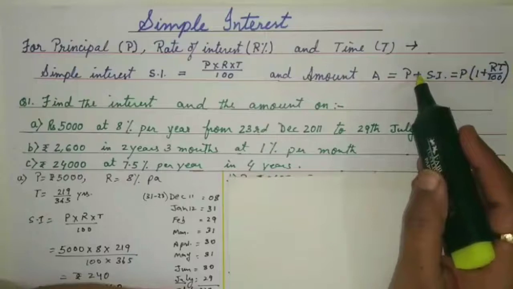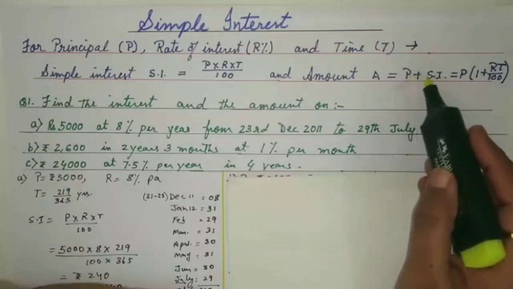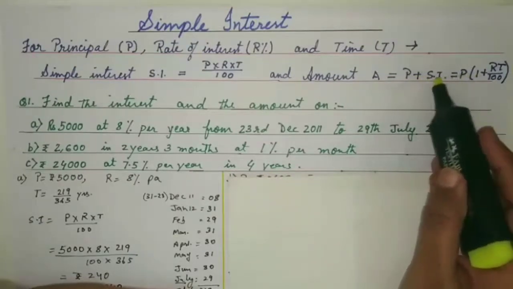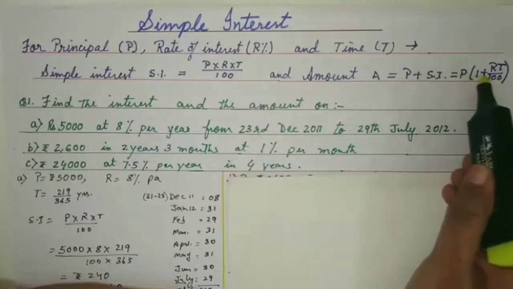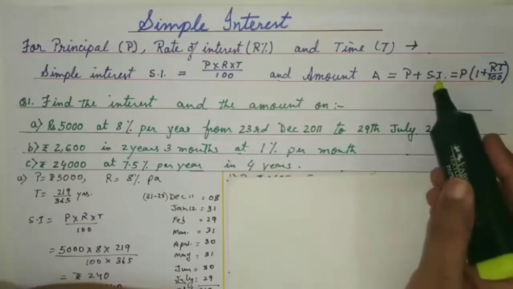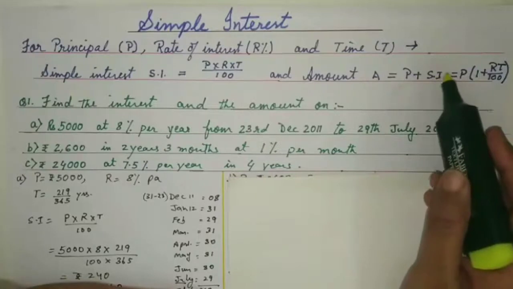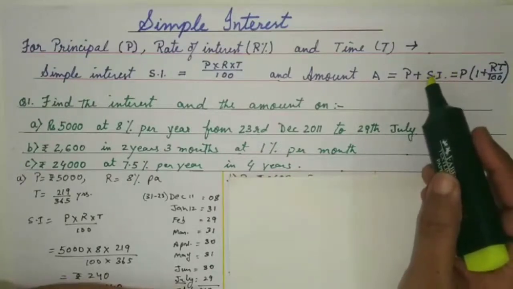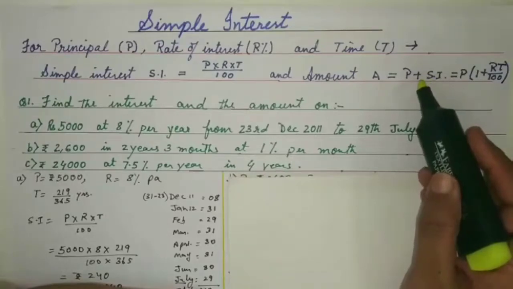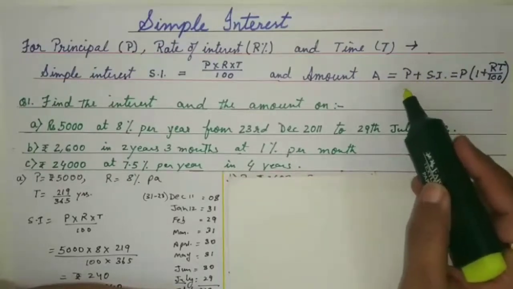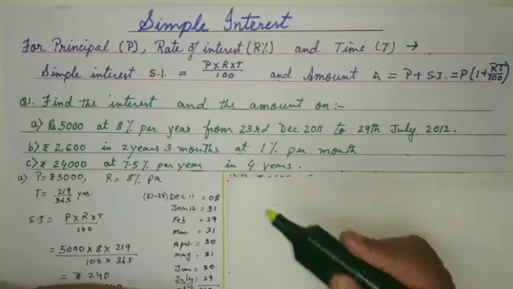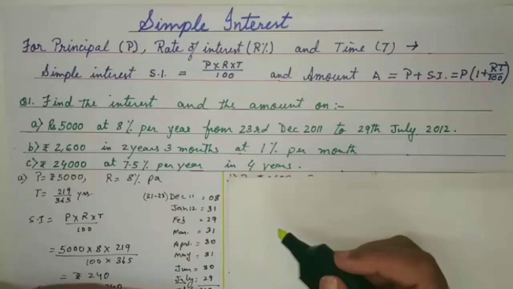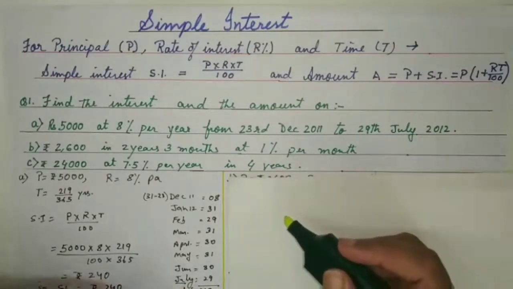Last year you were only taught about adding up the principal and simple interest. But if SI is not given, then you can use this formula as well. And as you know, if SI is given, principal is given, rate is given, then time can be found out by SI into 100 by P into R, which you have done last year. There are many questions where I have taken that. So we can revise it once.